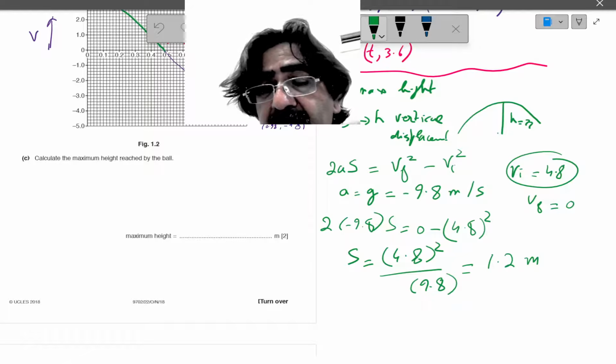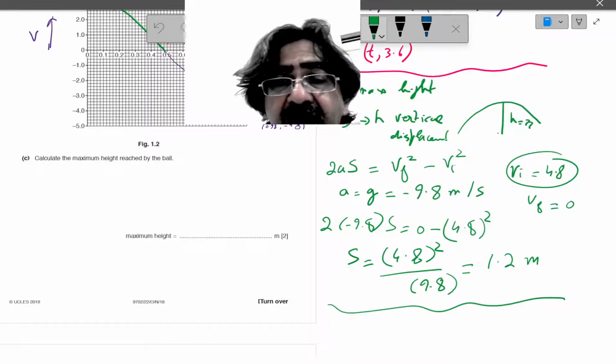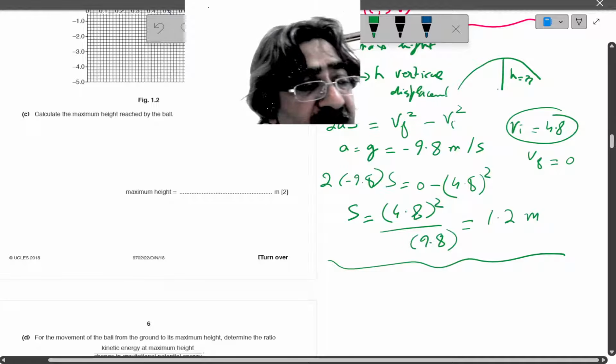Alternatively, there are many different formulas.